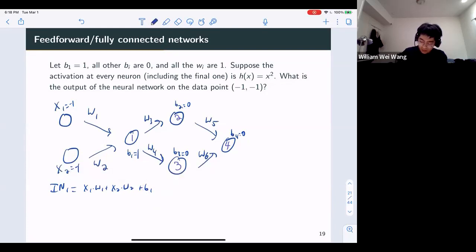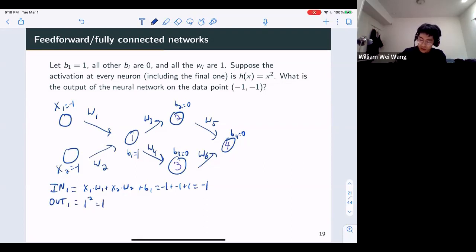So this is equal to -1 times 1 plus -1 times 1 plus 1, which is equal to -1. Then output 1 is equal to -1 squared, which is equal to 1.